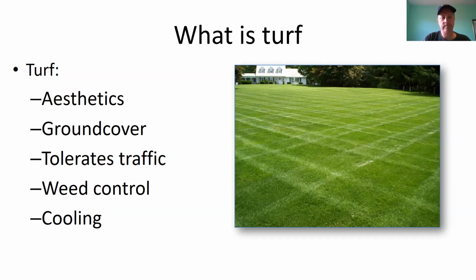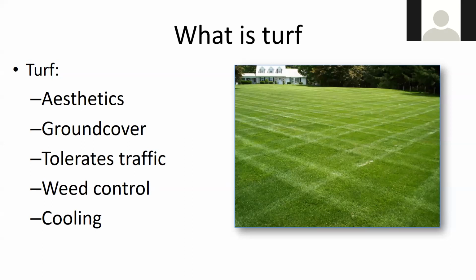We grow turf for a lot of different reasons, but historically, turf was grown in Europe in the 1600s, 1700s, and 1800s by the wealthy. And we saw that and wanted to emulate the wealthy. And so turf became a status symbol, and it's something that a lot of people wanted because of that. We use it because it tolerates a lot of foot traffic.